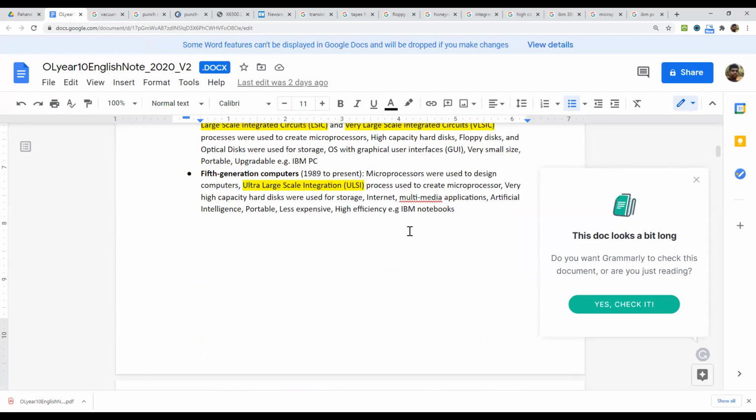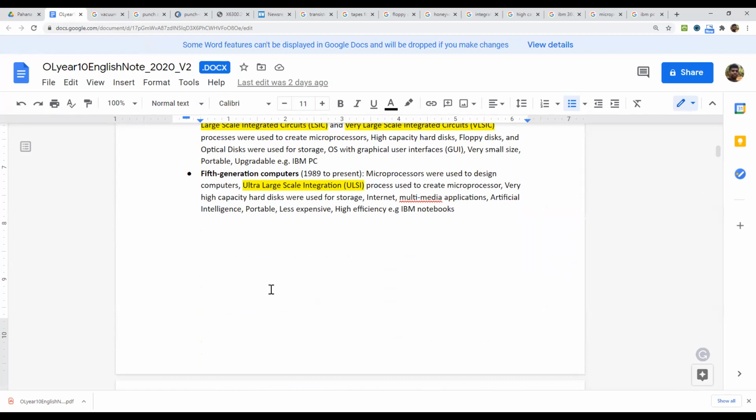And nowadays we have what we call the fifth generation computers, right? That's from 1989 to present time. Again, microprocessors were the technology we used, and we have used a technology called ultra large scale integration, ULSI, when you create a microprocessor, right?